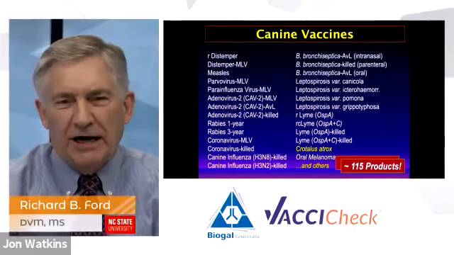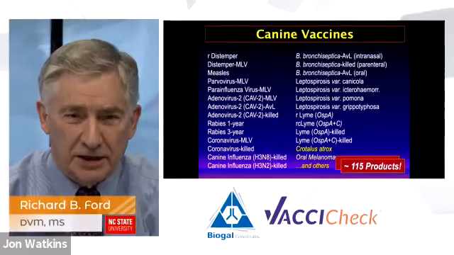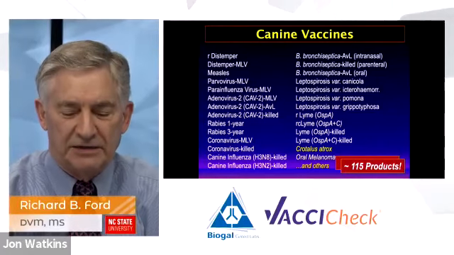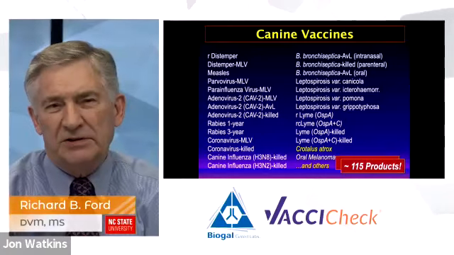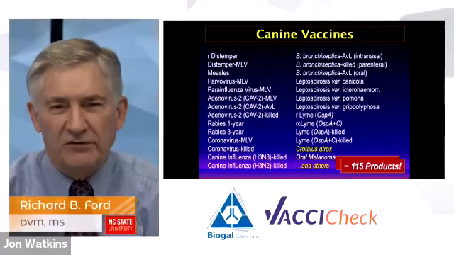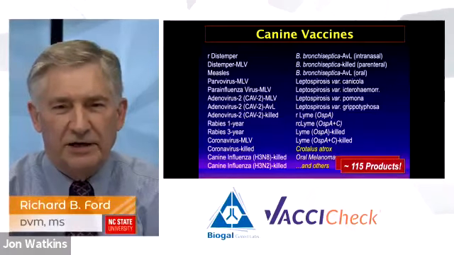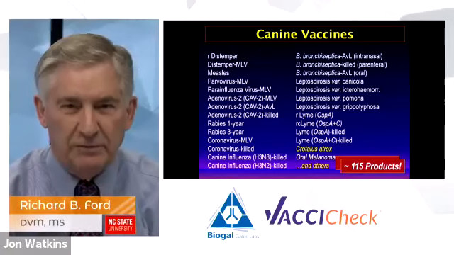There's approximately 100 to 115 vaccine products that are represented by these 15 antigens or 30 antigens or so, and with about 70 vaccines also available for the cat. I wanted to remind the audience that there's now about 200 vaccine choices available to you.